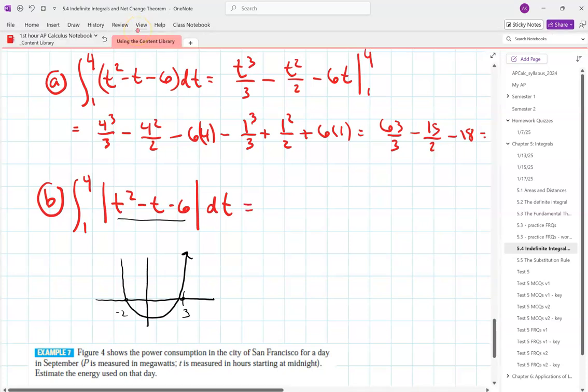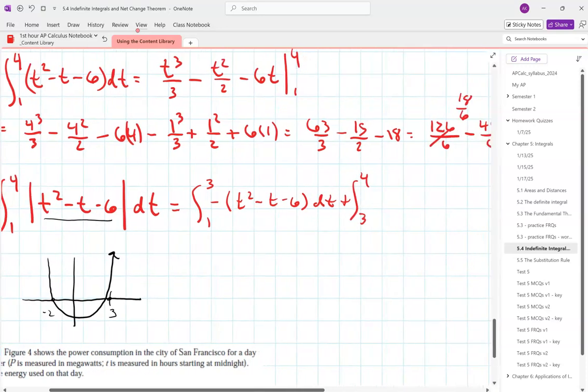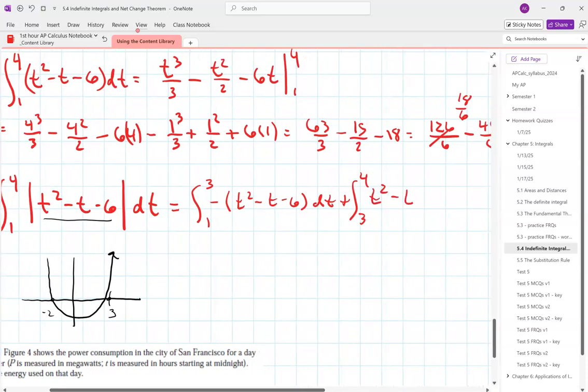So from 1 to 3, I need the negative of this because it's all below the x-axis there. And then from 3 to 4, it's good the way it is, right? Does everybody feel okay there?